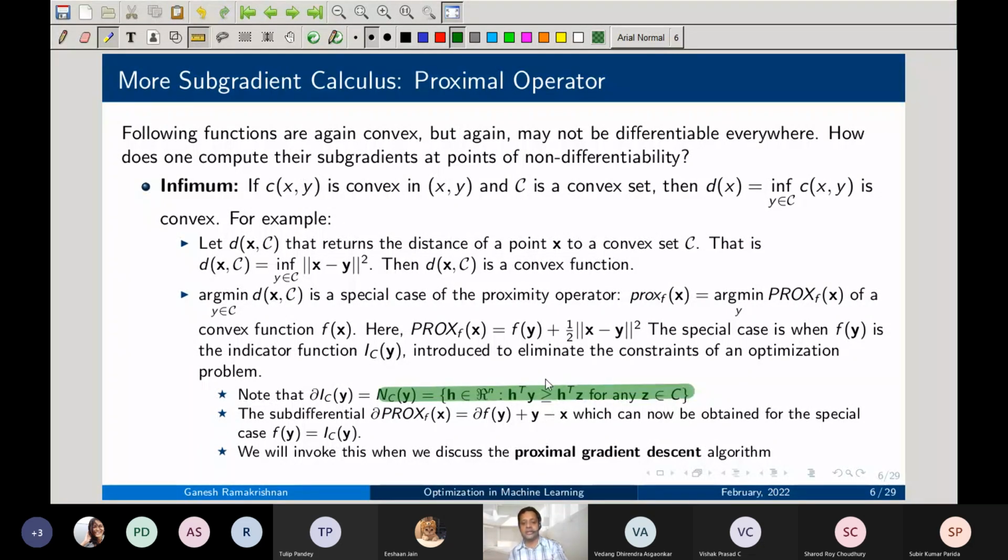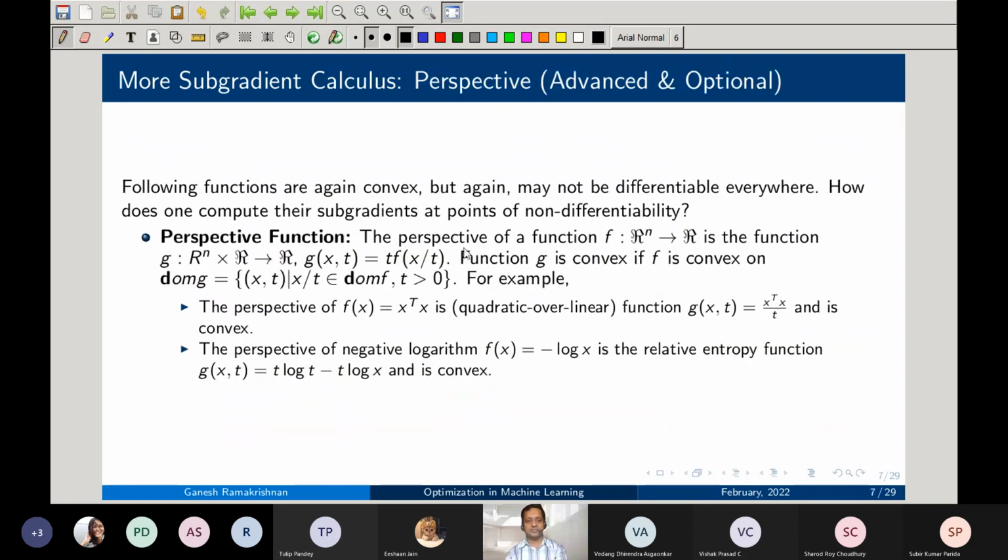H such that H transpose y is greater than or equal to H transpose z for all z in C. This is a normal cone. Okay, so we'll invoke something like this when we talk about the proximal gradient descent algorithm, but we'll bring it up later on. But this is also part of subgradient calculus.